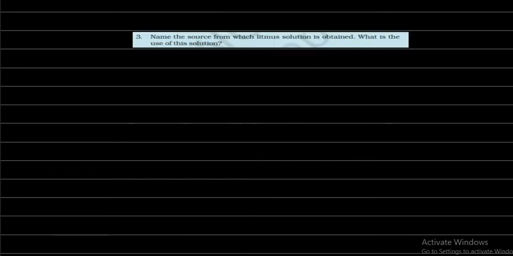Next, what is the next question? Name the source from which a litmus solution is obtained. What is the use of this solution? As we all know, litmus solution is obtained from lichens, which is a natural dye.